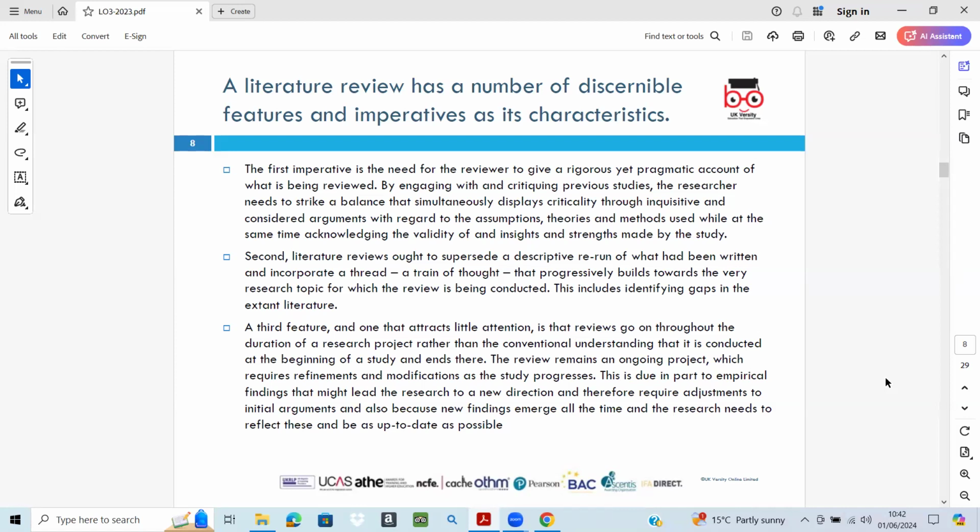A literature review must provide a rigorous yet pragmatic account of the existing body of work on that topic. This involves engaging with and critiquing previous studies, balancing criticality with acknowledgement of their validity and strengths.